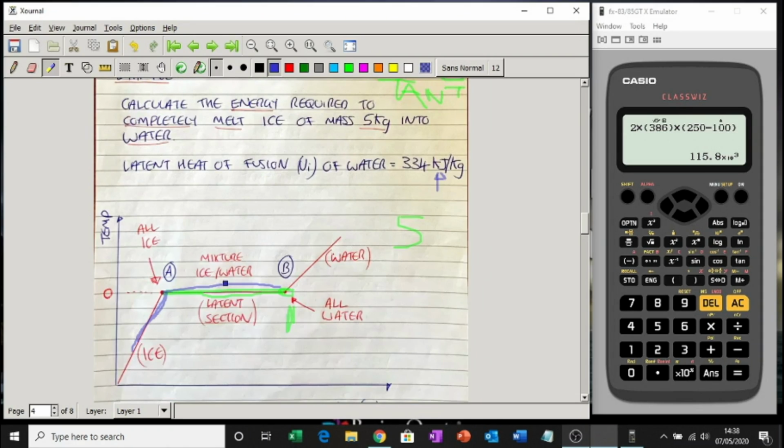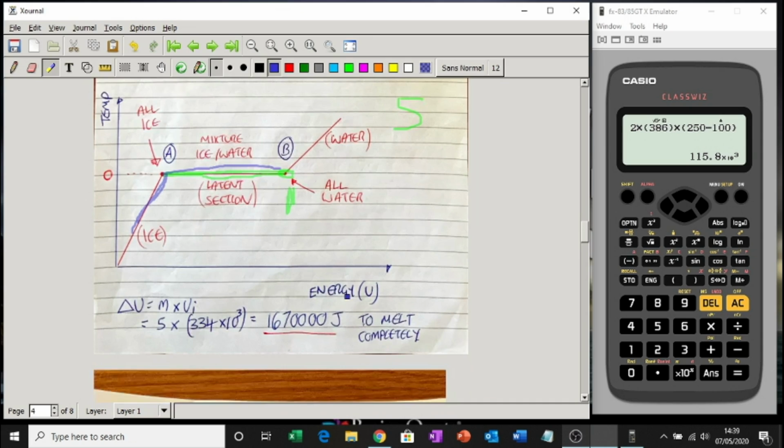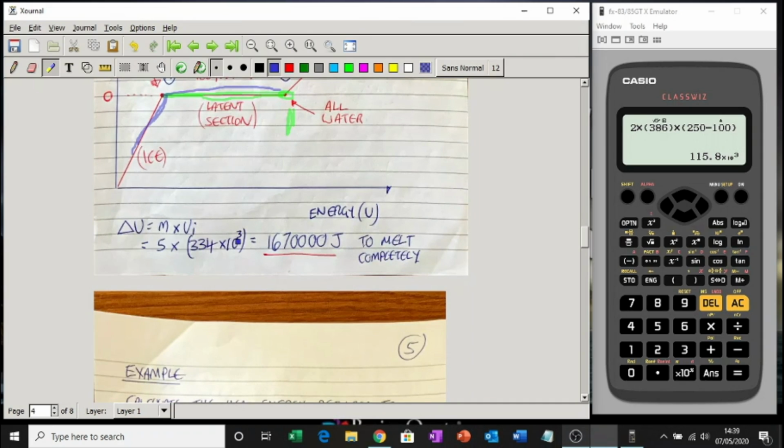We know the mass is 5, and we know the latent heat of fusion is 334 kilojoules per kilogram. Don't forget the kilo. So we'll do 334 times 10 to the 3 times 5. So 1.67 megajoules. Quite a lot, really.